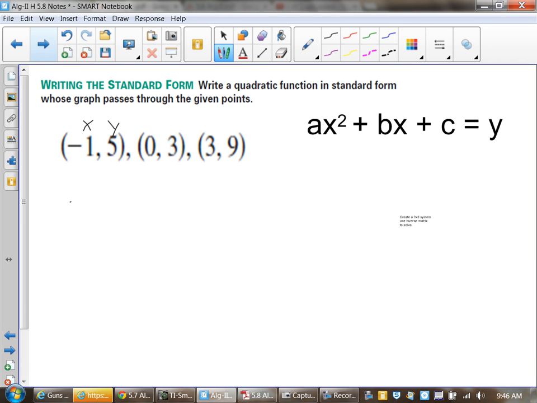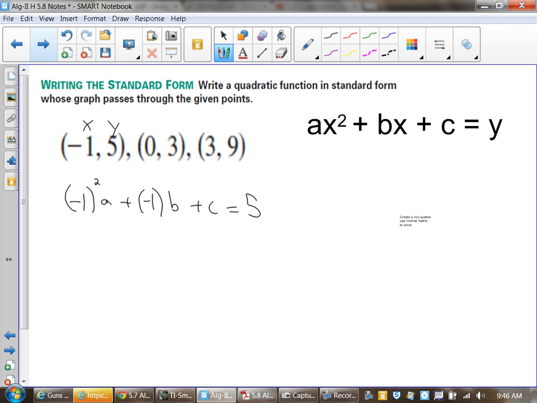I get -1 squared a plus -1 b plus c equals 5. I'm leaving the A, B's, and C's in there because I'm creating a system that's going to solve for A, B, and C.